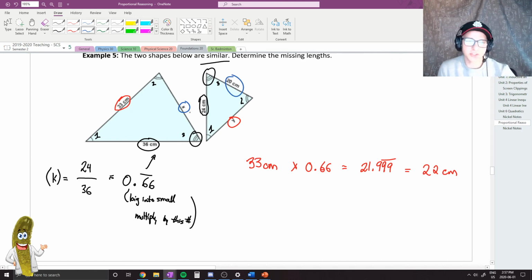Okay, now we get an interesting scenario with our blues left over. Previously, we had said that if we wanted to go from big triangle to small triangle, we would take whatever the blue triangle was and we would multiply by 0.66 and we would end up getting whatever our answer was. However, we know what this answer already is. We know that this answer is going to be 20 centimeters.